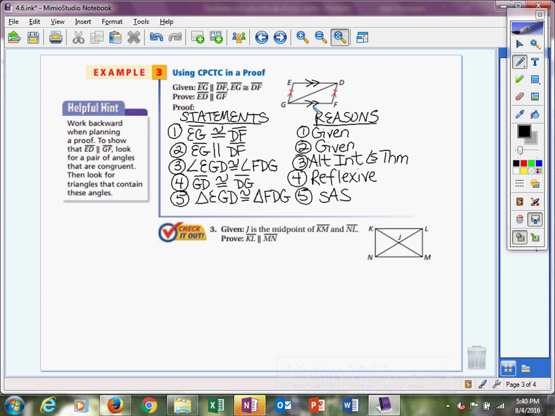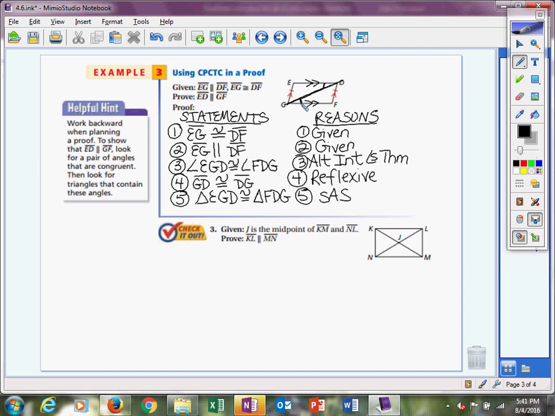Okay, so if you look at this as your transversal, then what we would need to know is maybe EDG and FGD. We need to show that those interior angles are equal or congruent.